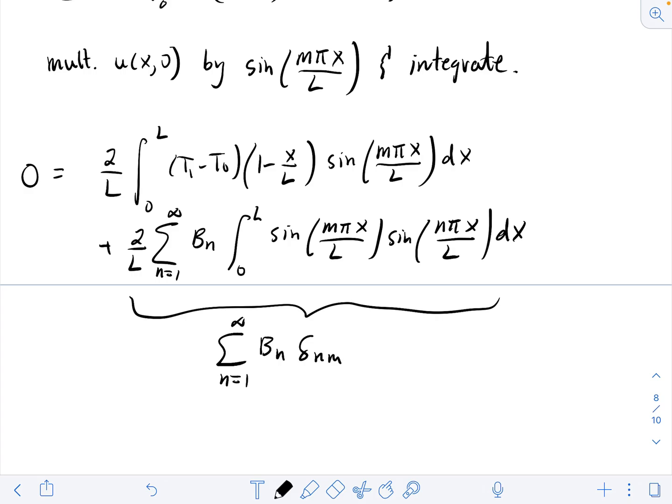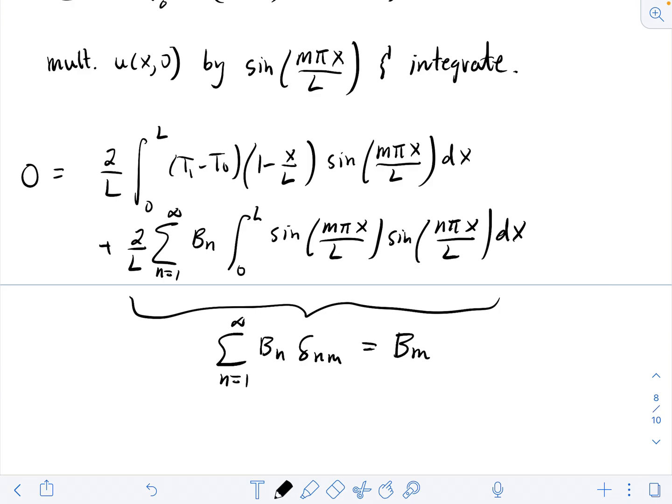But then we have the delta function, delta nm. That's only 1 if m and n are equal to each other, otherwise it's 0. And so this evaluates to just b_n. So we greatly simplified the second term, and we've in fact isolated this coefficient that we were looking for.